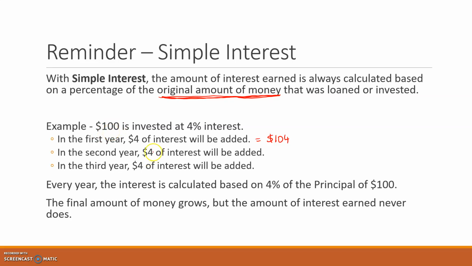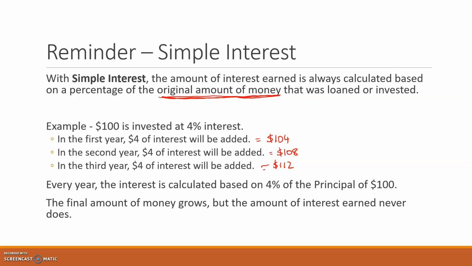So we get another $4 of interest. So now we're at $108. Then in the third year, again, the same thing happens. The interest is calculated from the original amount of money, which was 4% of $100. So again, we just get $4 worth of interest. And we end up with $112.